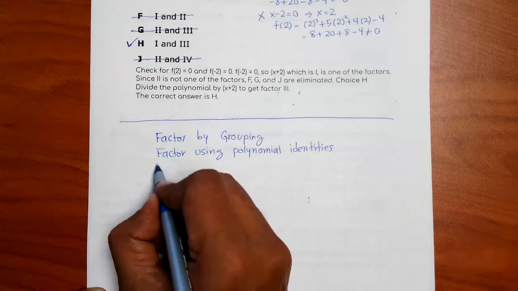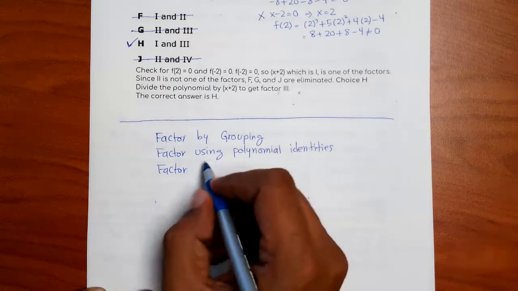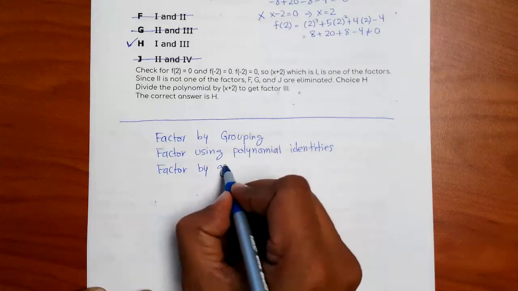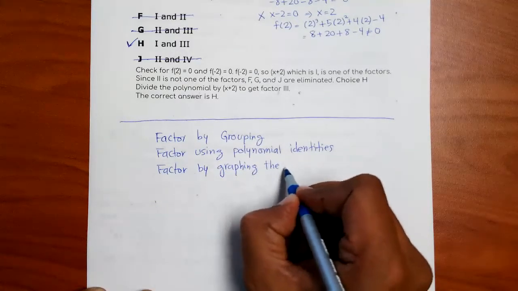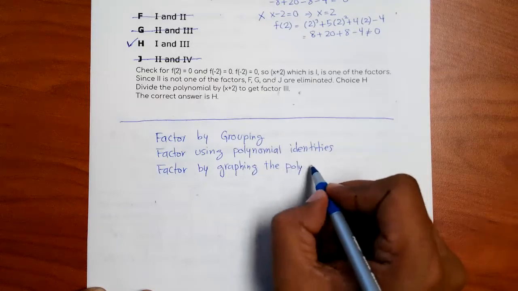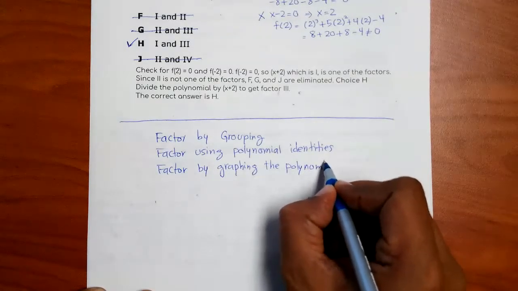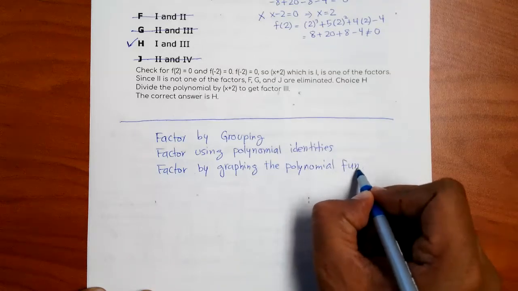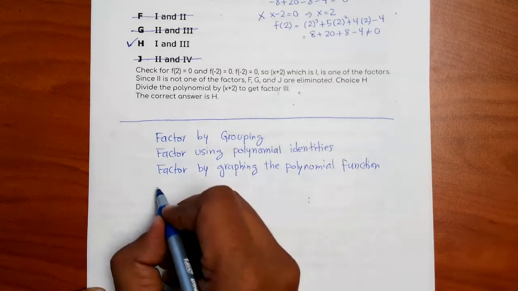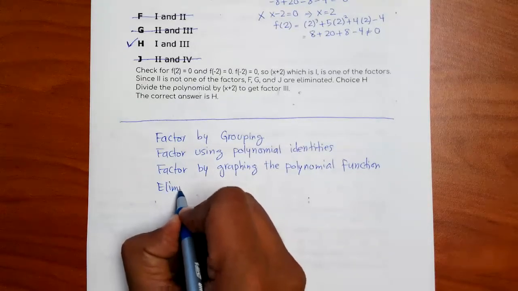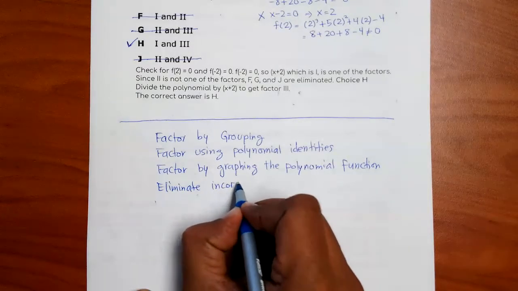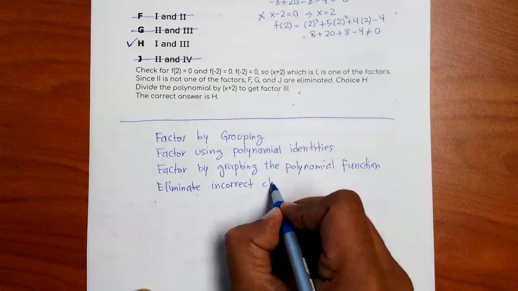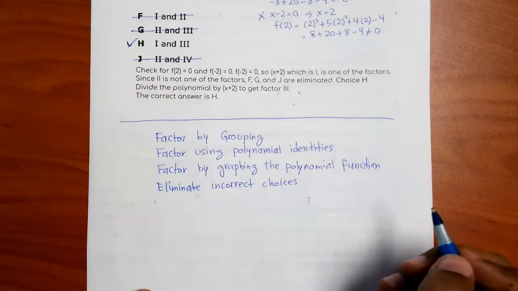You can factor by graphing the function. You can also eliminate incorrect choices. And you saw how we use that.